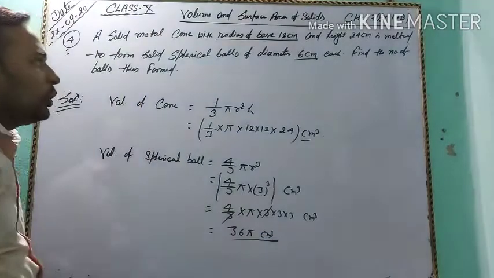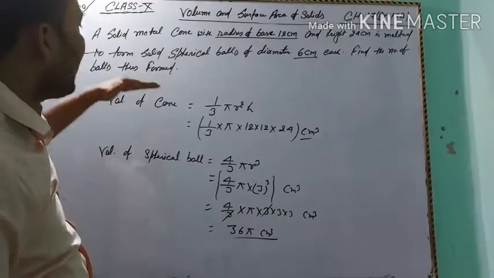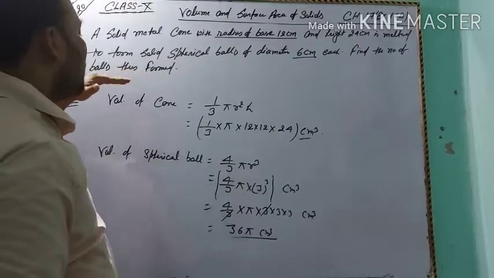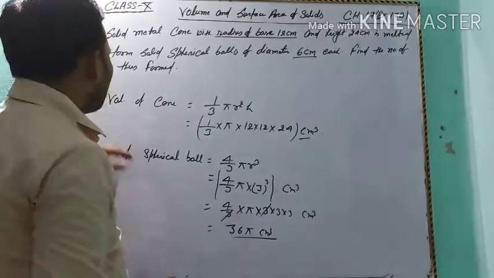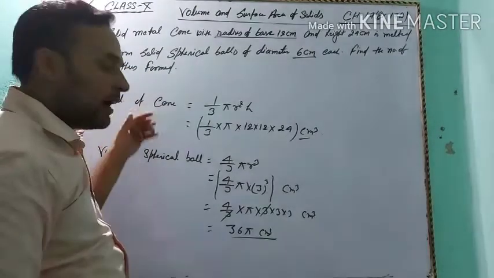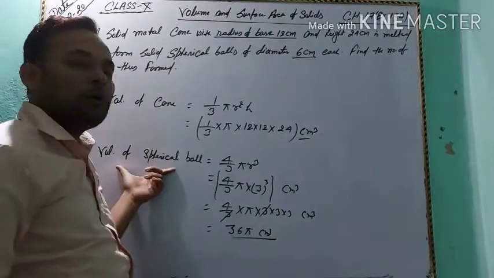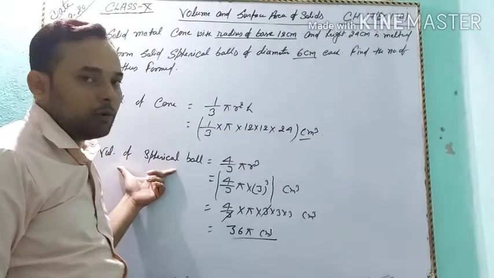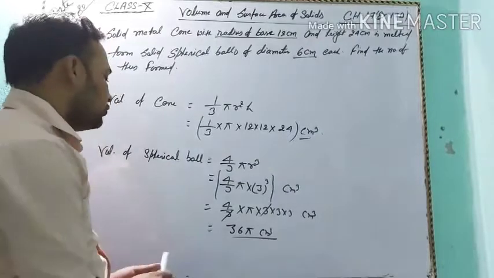So students, required number of balls is equal to volume of the cone divided by volume of each spherical ball.